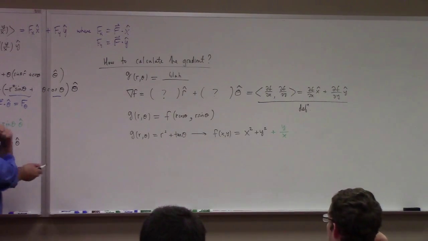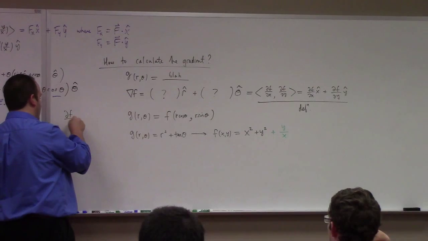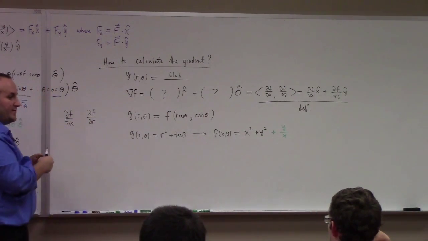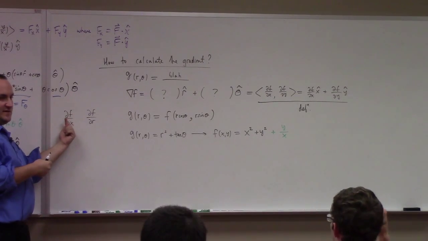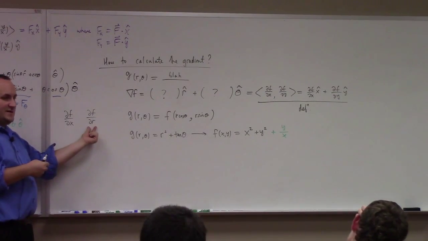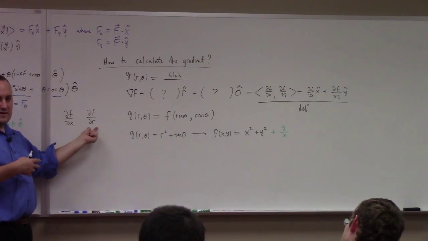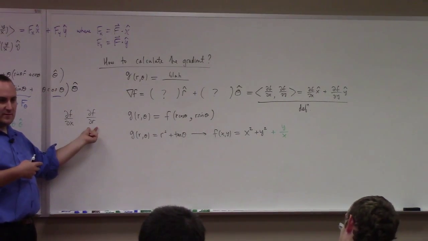Yeah, I mean, people will talk about partial f, partial x, and they'll talk about partial f, partial r in the same breath, whereas this is actually a function of x and y. They're not really differentiating f, they're differentiating f composed with the r cosine theta for x and the r sine theta for y, right?